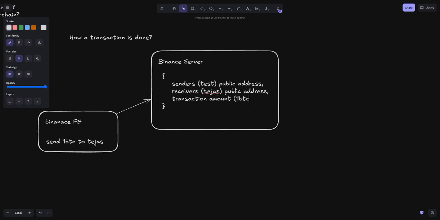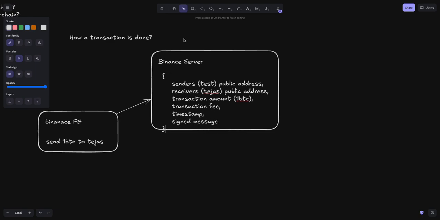I have a lot of money, I'm transferring him 1 BTC. After this, it also has a transaction fee, which is used in the network. How it gets used, we will come back to later. After this, it has a timestamp of the time we are sending this money, and it has a signed message.